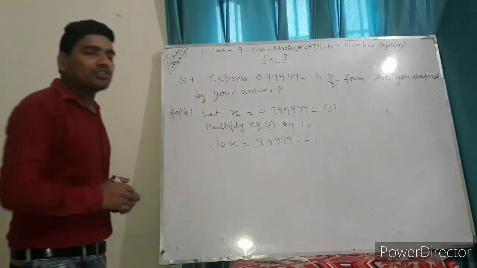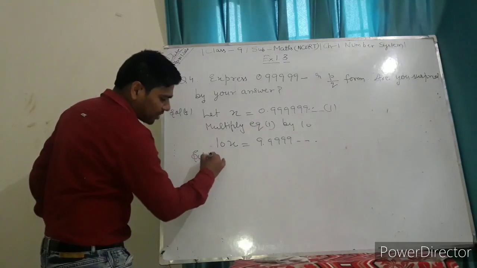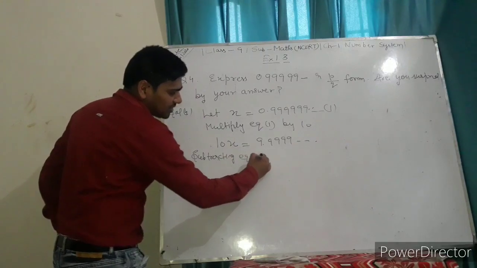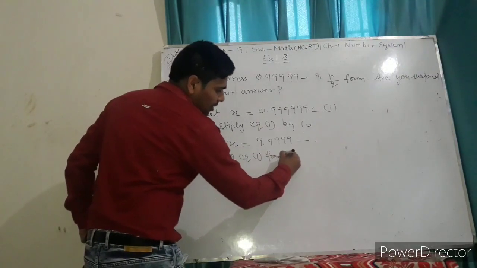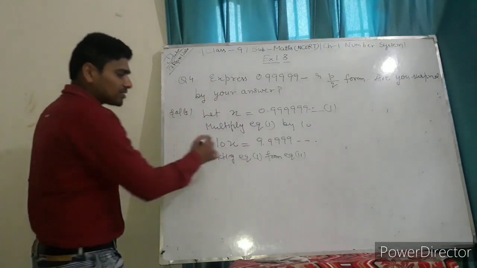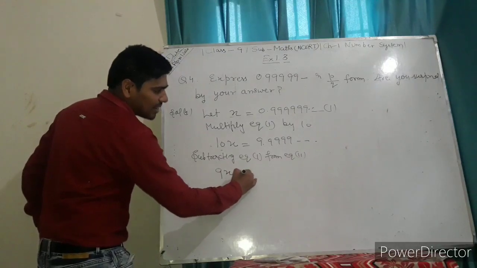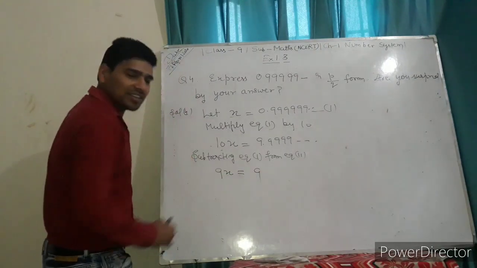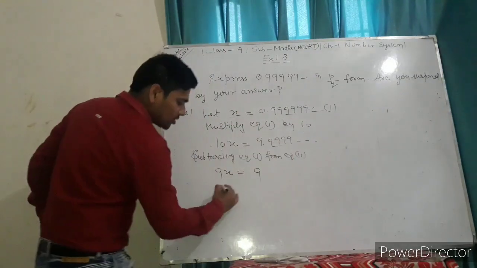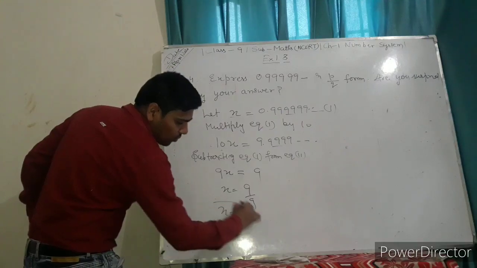There is no termination. After that we are going to subtract. So I am subtracting equation 1 from equation 2. So the result is 9x is equal to 9, because 9 minus 0 is 9, and the decimal part becomes 0. So x is equal to 9 upon 9. So x is equal to 1.